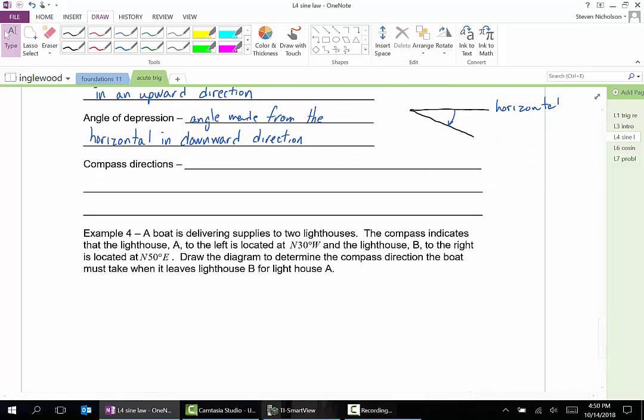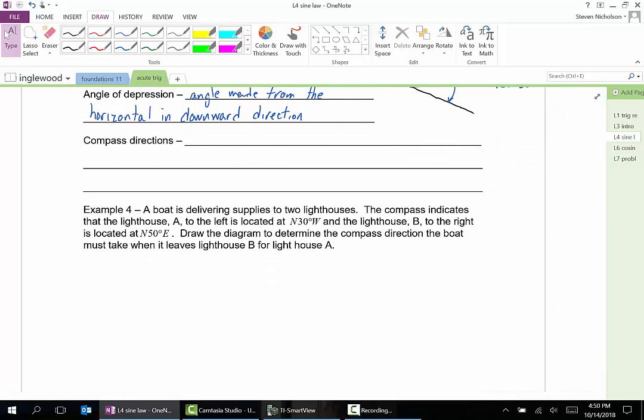And then finally, compass directions, as we see in example number 4, it's basically how you read it. So there's going to be 3 parts. The first letter signifies your starting direction, and it's usually north or south.